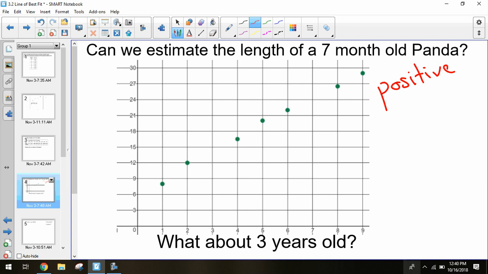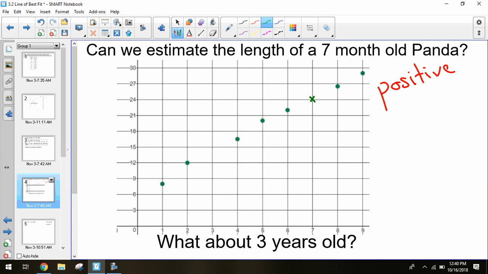Can we estimate how long the panda was at 7 months old? Yes. About 24, somewhere in there, maybe. What about for 3 years old?